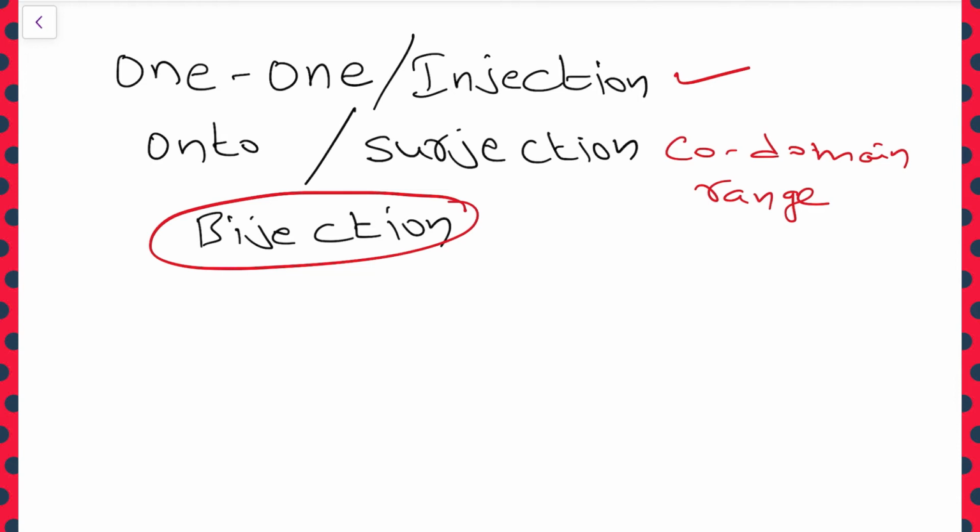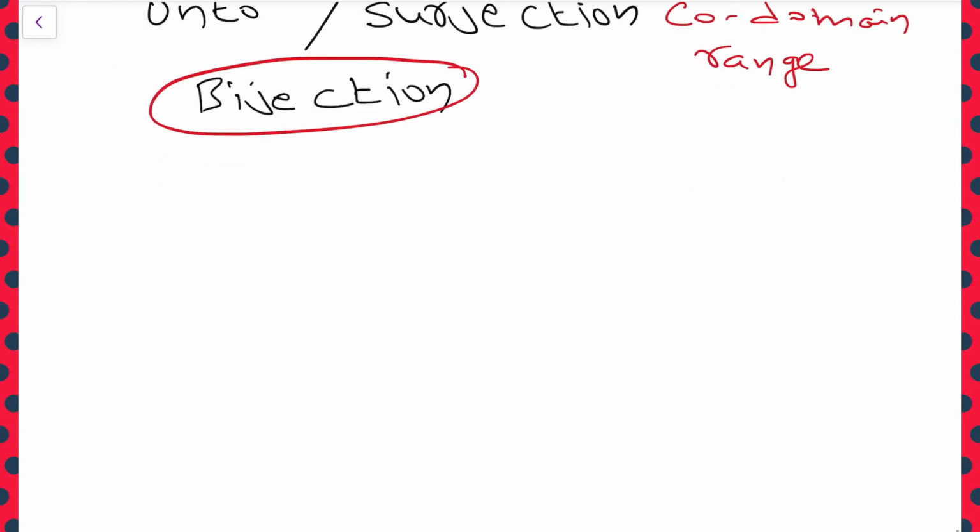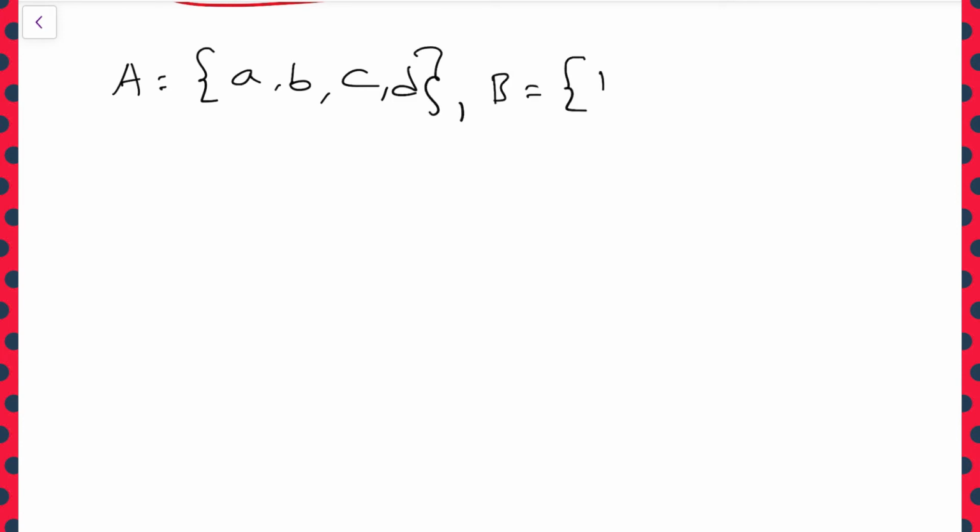Okay, now let us check. We have an example here. Set A is given as {a, b, c, d} and set B is given as {1, 2, 3, 4, 5}.